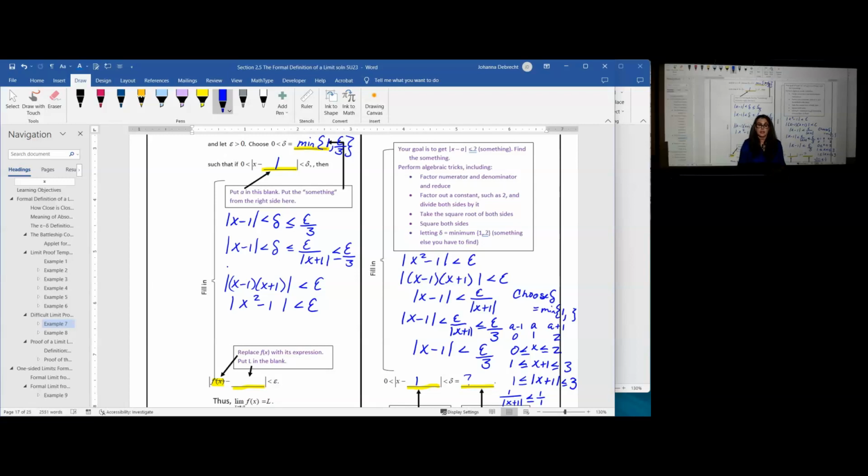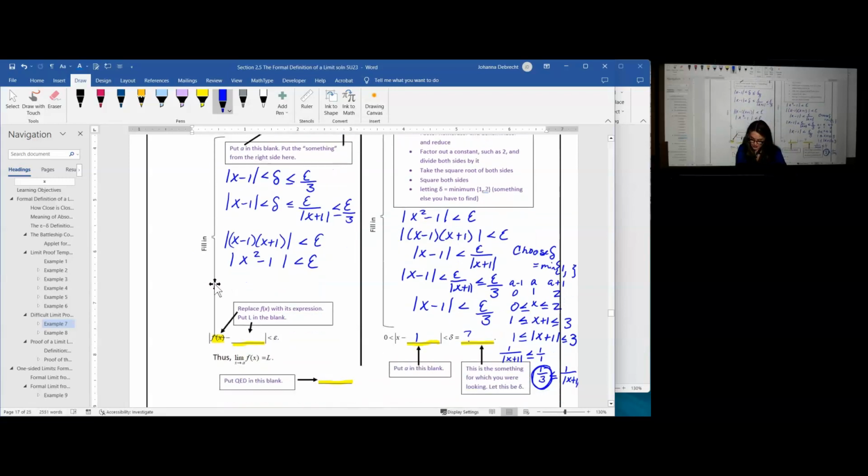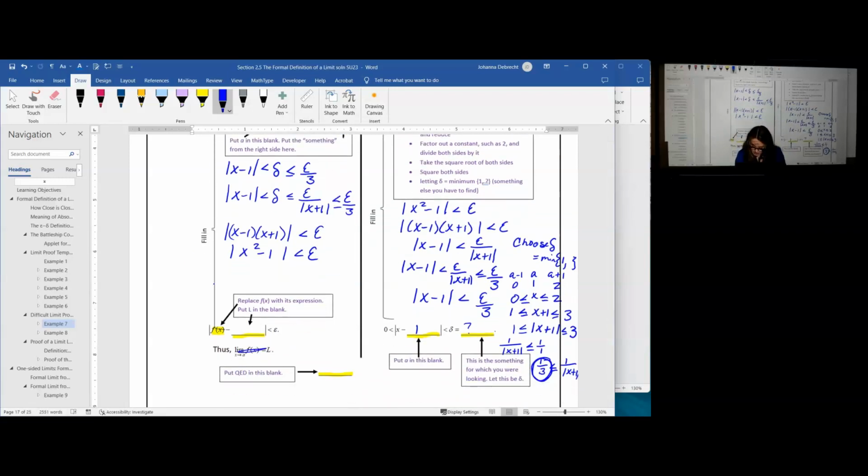This actually is what we were looking for, the function minus the limit value. So we're done with that part. We come to the bottom, we rewrite the statement of the limit, which I'll write here. Thus, the limit as x approaches 1 of x squared equals 1. Thus, hence, therefore, whichever you prefer, QED.